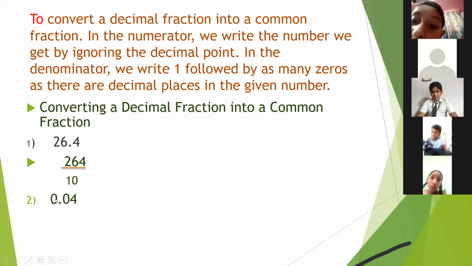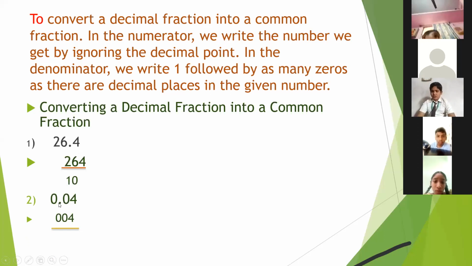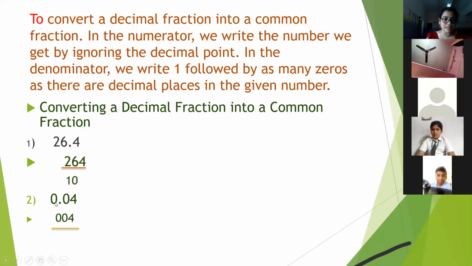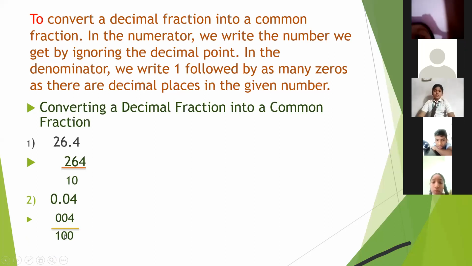In the second question, you can see 0.04. So you will ignore the decimal and write the number as it is, 004, as I have written. After that, you will count after the decimal how many numbers are given. So 1, 2 numbers are given, so after 1, I have put 2 zeros.